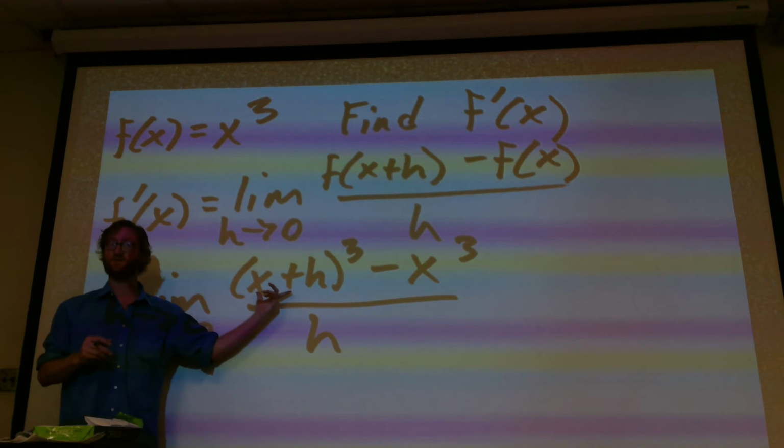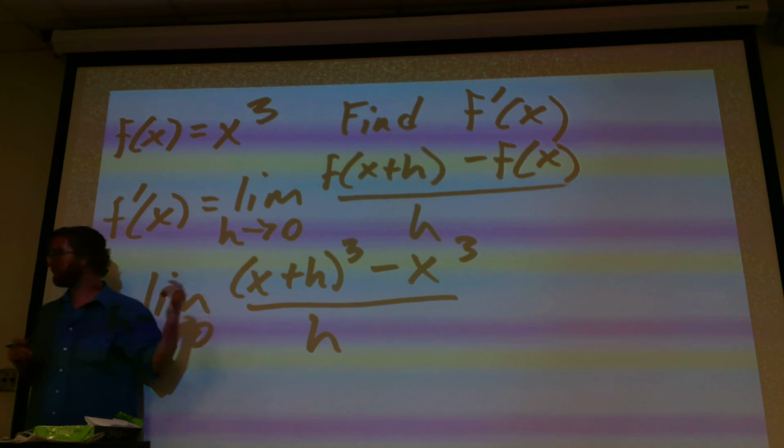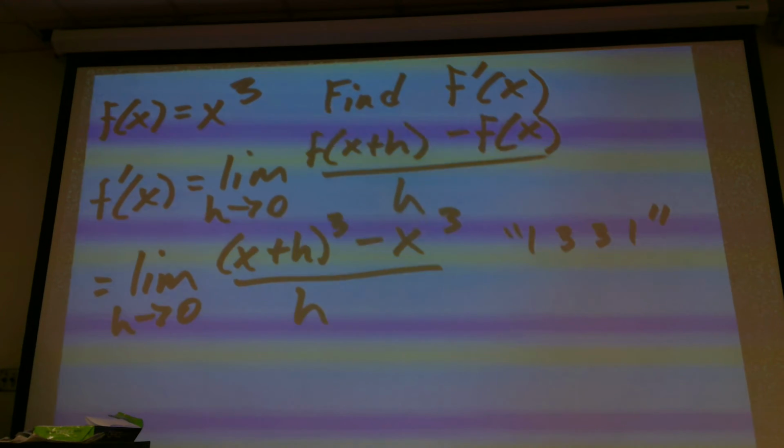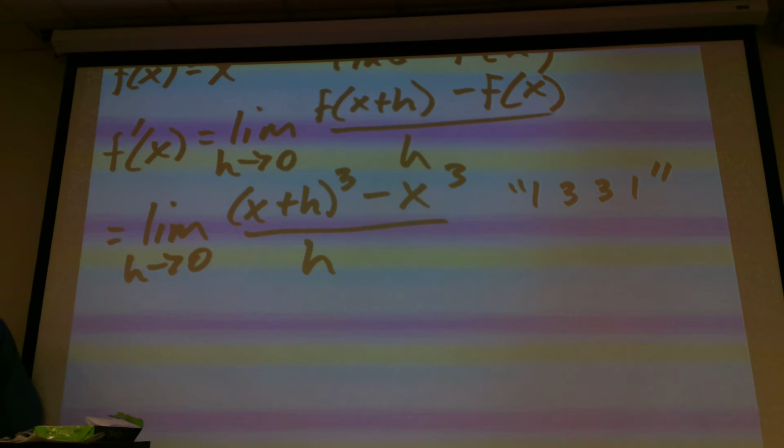So I'm trying to cube this thing. Remember, we had 1, 3, 3, 1. Okay.